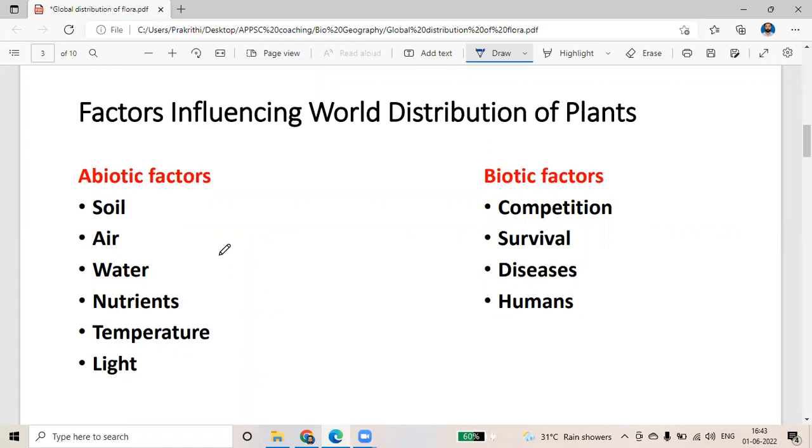On the other side, what are the biotic factors? One is competition. Now there is a place where there are a lot of animals and the resources are less. If the resources are less, there will be a problem of survival.